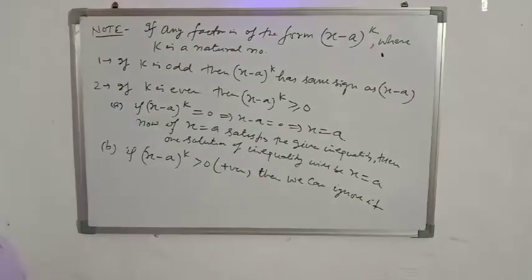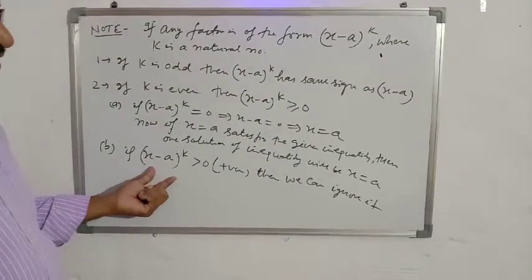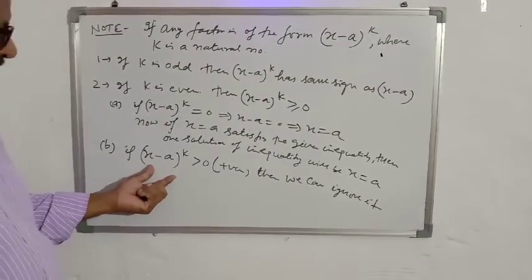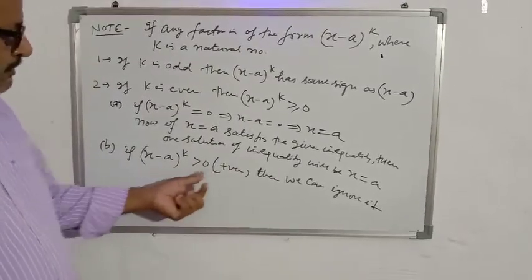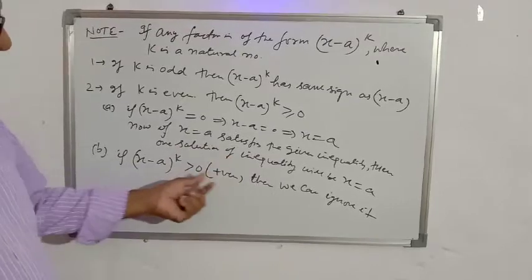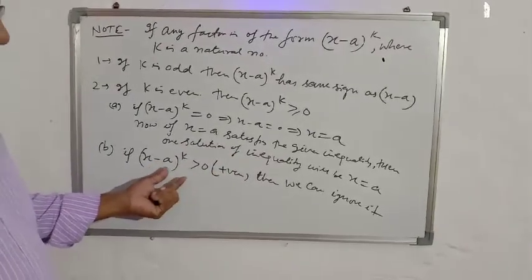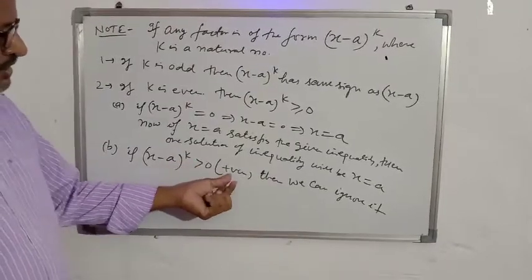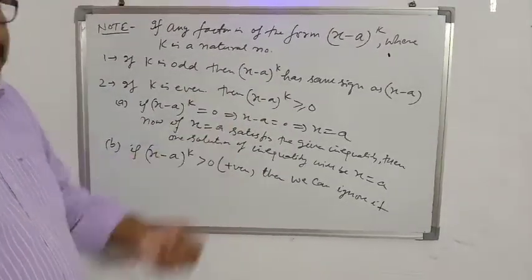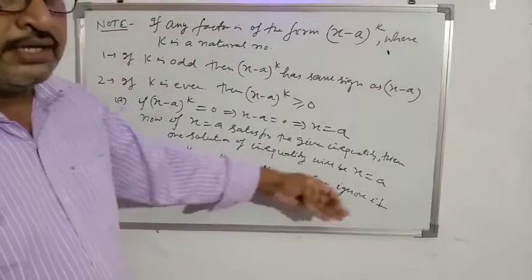Why can we ignore it? Because it does not affect the sign of the inequality. x minus a to the power k is positive, and we know that if we divide both sides of the inequation by a positive real number, the inequality remains the same. So if x minus a to the power k is positive, it will not affect the sign of the inequality, so we can ignore it.